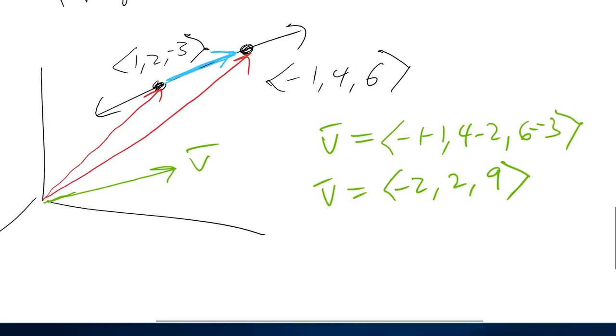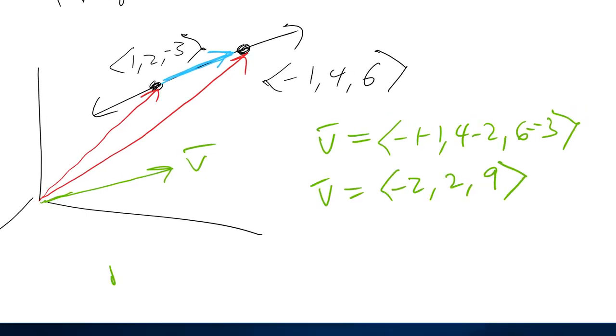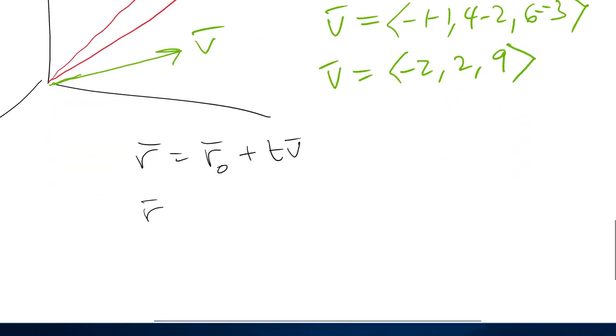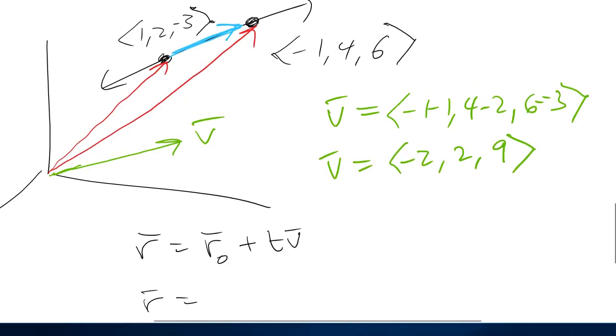And now you can just plug in what you got. So we have r. Let me draw this in a different color. We have r equals r naught plus tv, and I suggest you write this down every time you need it. So then r naught is any of these two points.